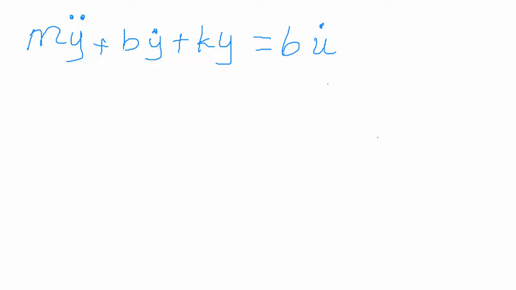m y double dot plus b times y dot plus k times y is equal to b u dot plus k times u.